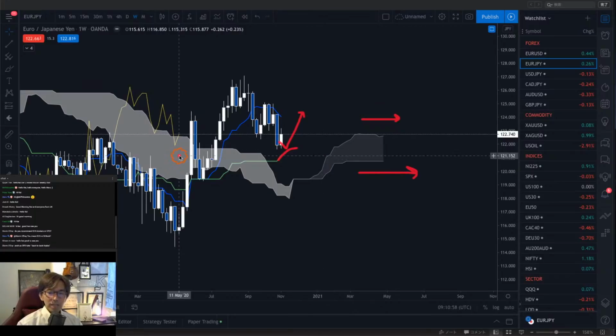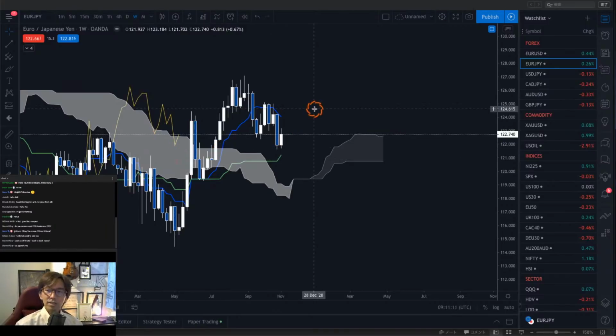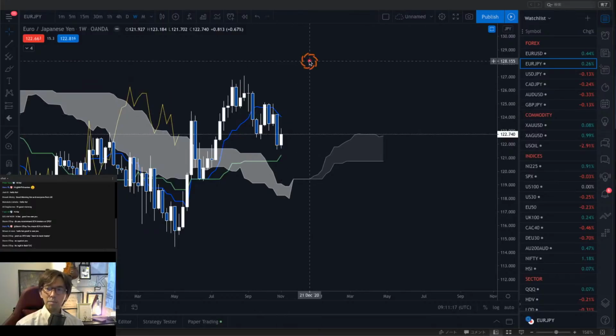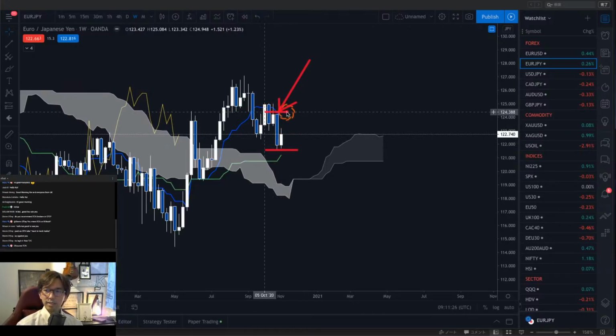Also make sure that the Chikou span is above the price. Chikou span should be above the price for the bullish confirmation. In this case, I also see this engulfing candle, and there is an inside bar structure. This candle from two weeks back is engulfing the next candlestick like this.